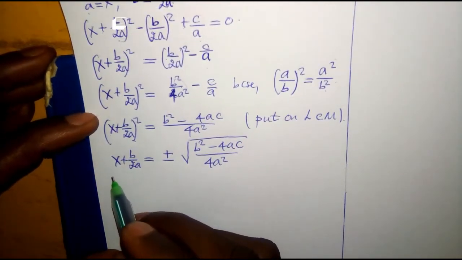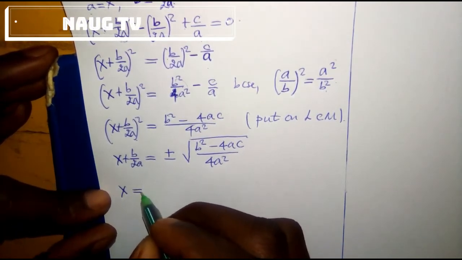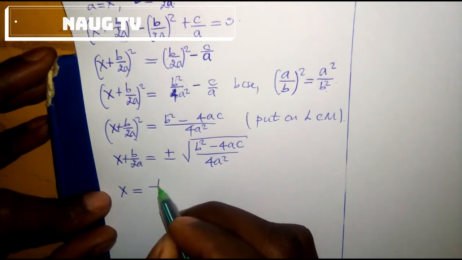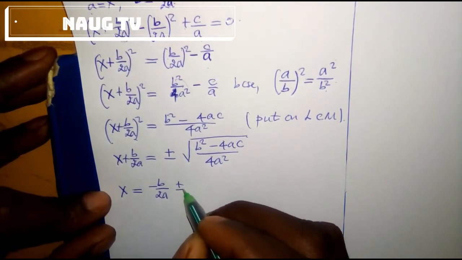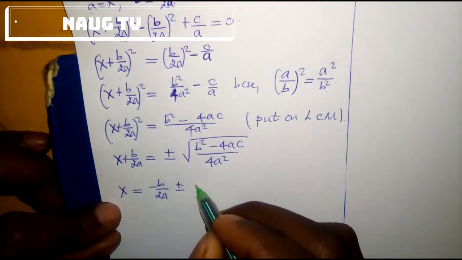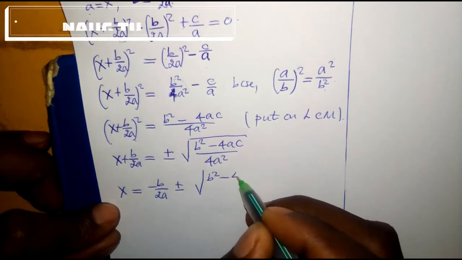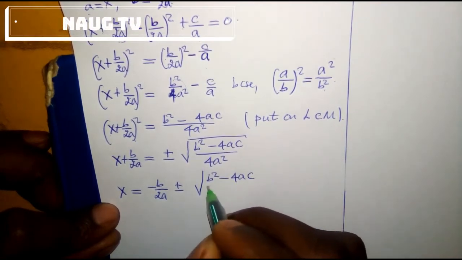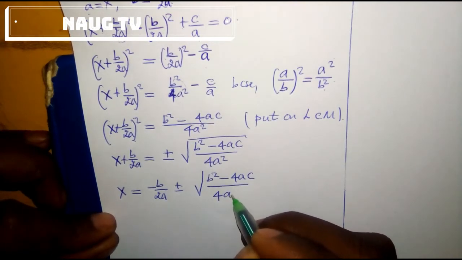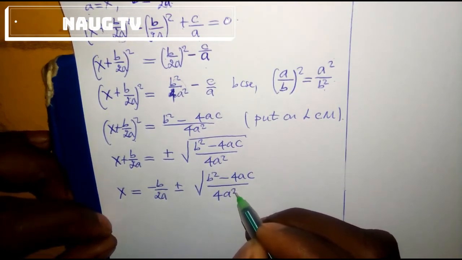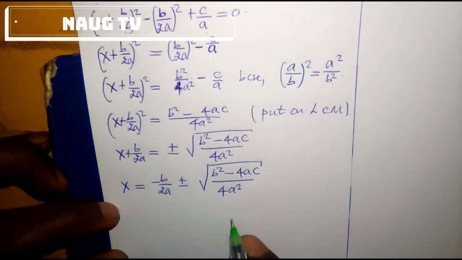Then we are going to solve for x. X would be equal to negative b over 2a plus or negative square root of b squared negative 4ac over 4a squared. It is in the root.